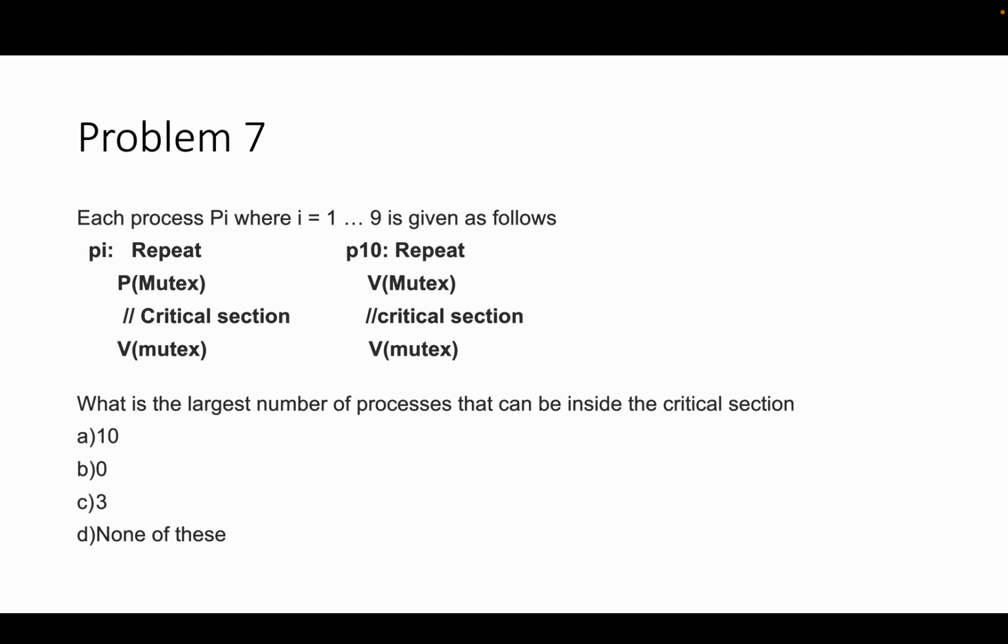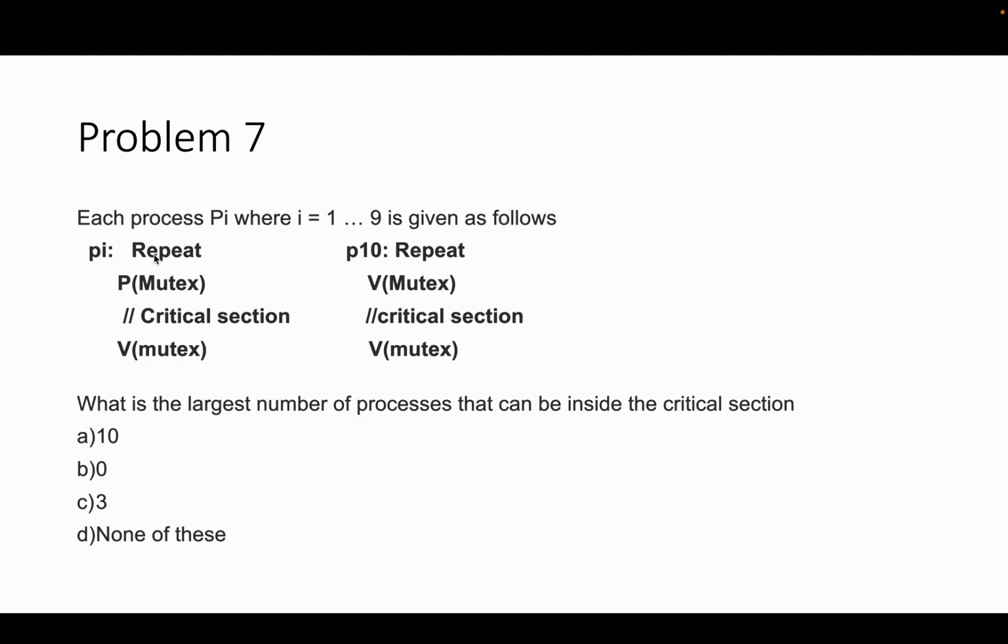Okay, so the next problem is problem 7, where each process Pi, where i is equal to 1 to 9, is given as follows. So process P1 repeats, like forever, sort of.